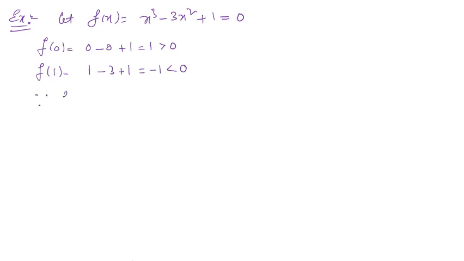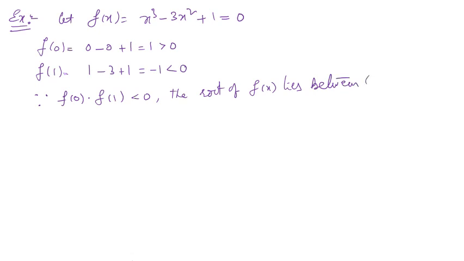Since f of 0 into f of 1 is less than 0, the root of f of x lies between 0 and 1. That means xi belongs to 0, 1. This is one example.